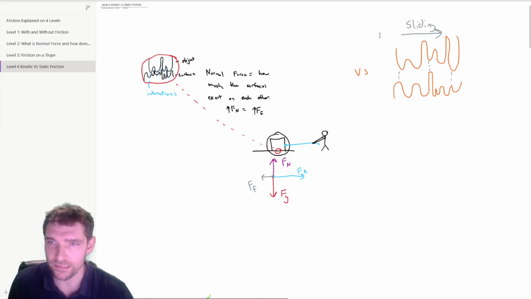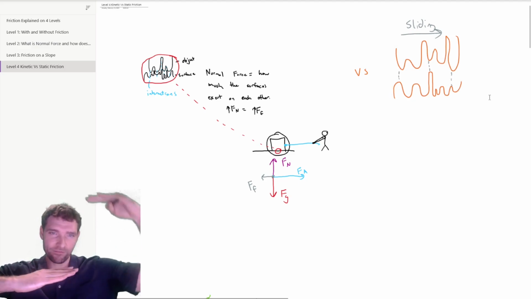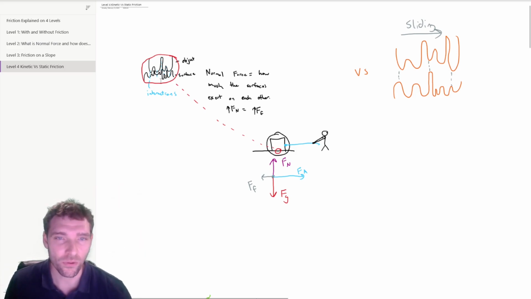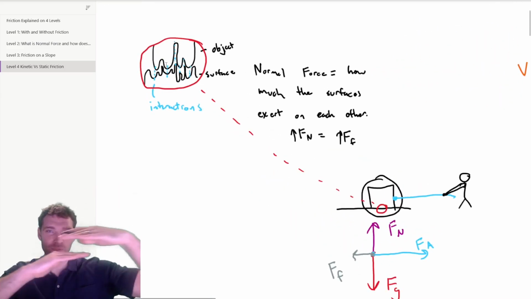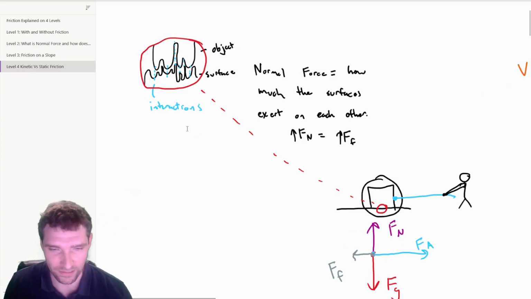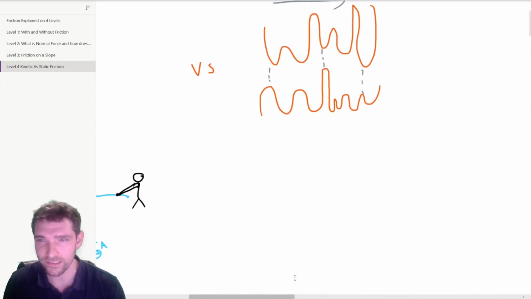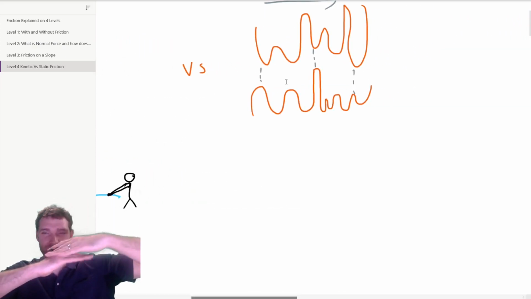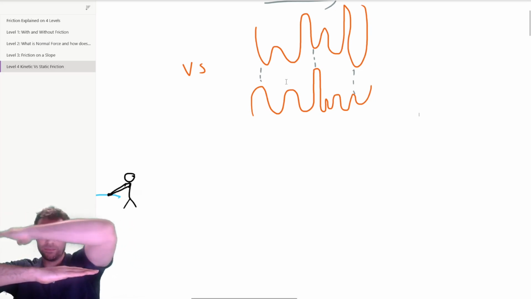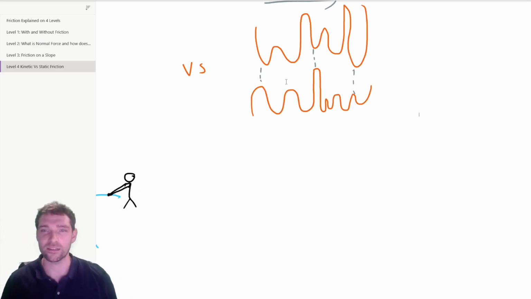If you look at this little drawing that I've got here, the two sides have some bits that can kind of fit in each other, and those are going to hit each other when moving sideways. So an object that's already moving is actually a little bit further away from the surface that it's sliding across, just because it needs to be. Instead of going up and down, up and down, up and down, it just goes over the hill and kind of keeps on gliding along that way.